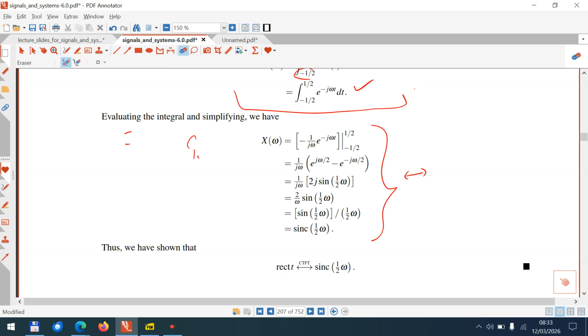So let's actually carefully look at the steps, right? So this is okay? No, this is not okay. Why? Because this has divide by omega, and this requires omega to be, tell me, 0.